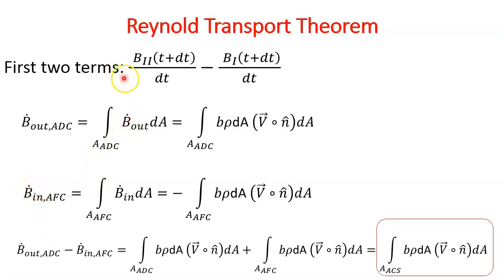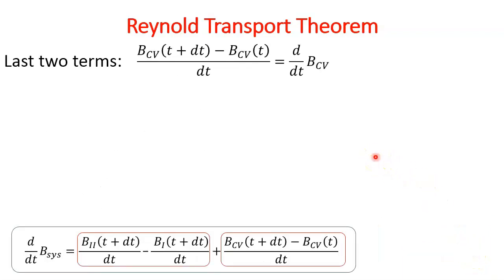When we subtract these quantities, the first two terms have the same integrand, operated once over the left side surface and second time over the right side surface, respectively ADC and AFC, that we can consider as the complete closed control surface area. So the first two terms reduce to this integration of b rho V bar dot n cap dA. Now let us deal with the last two terms.